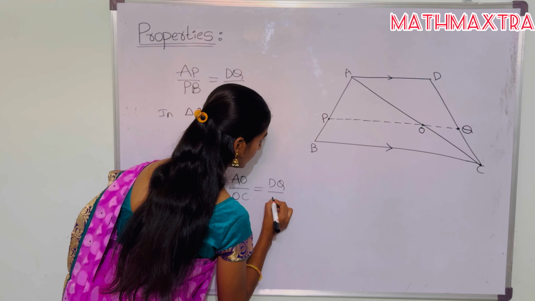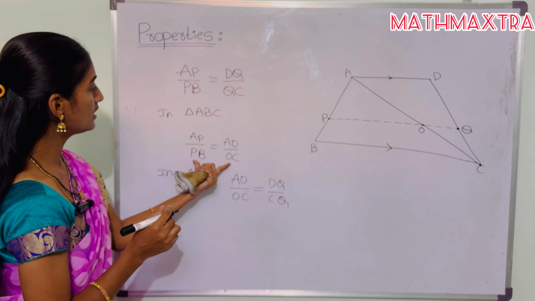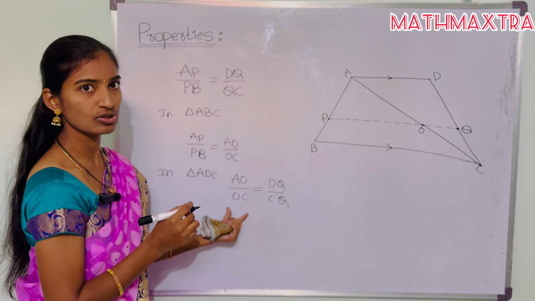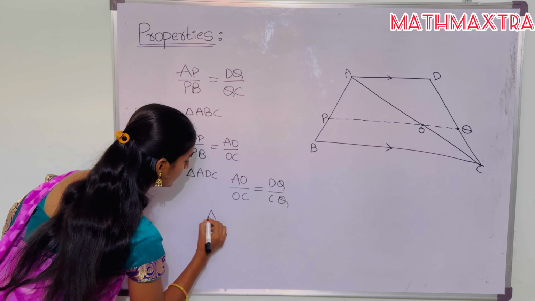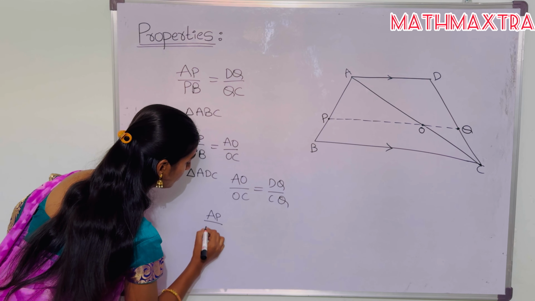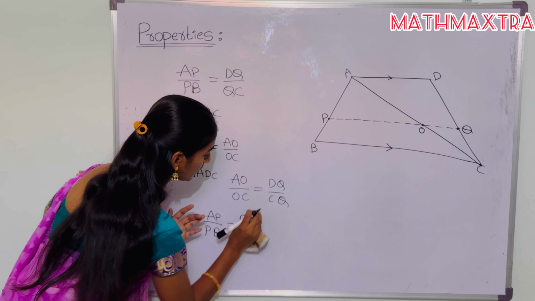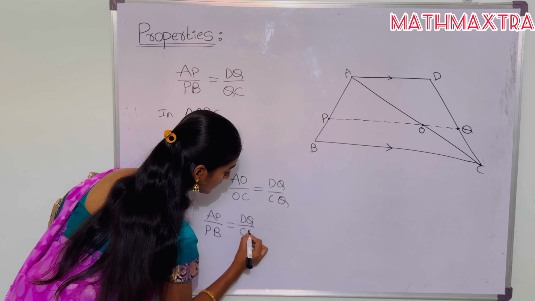From these two equations, AO by OC and AO by OC are equal, so we can equate these two. Which is nothing but AP by PB equal to DQ by CQ.